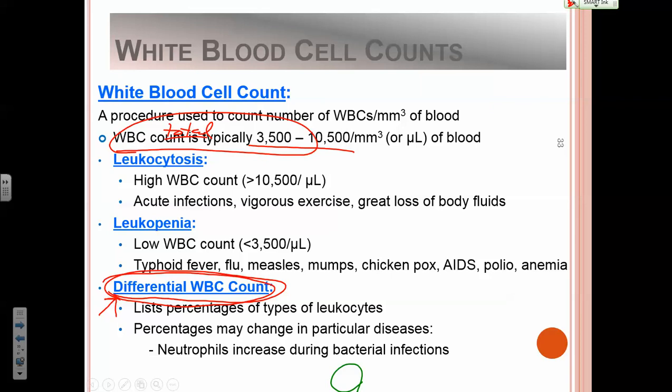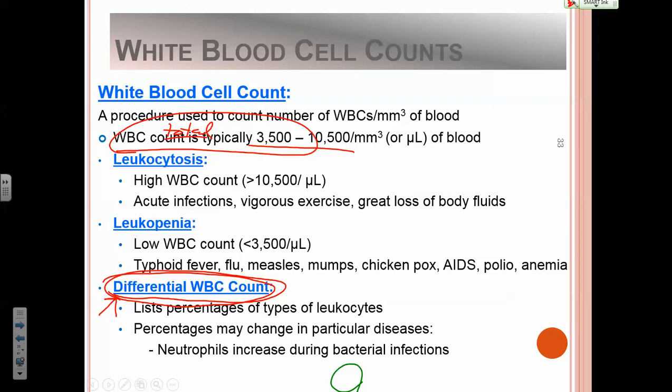But if they do a differential white blood cell count and they find that the neutrophil count is 70%, that's higher than the norm, isn't it? In the normal range. So that's an indication that you're fighting bacteria because neutrophils engulf bacteria. So then they treat you with antibiotics, which would not be effective if it was a viral type of pneumonia. Antibiotics are effective against bacterial infections.